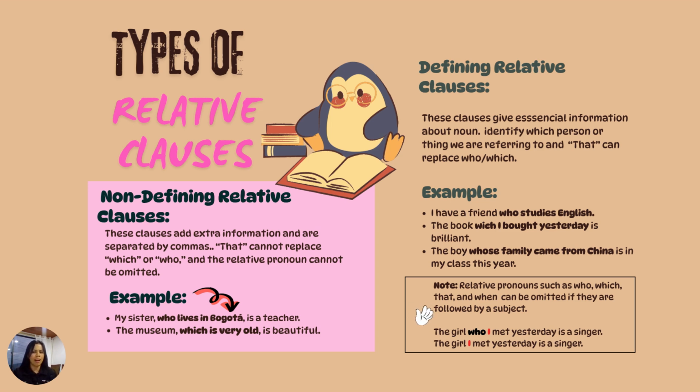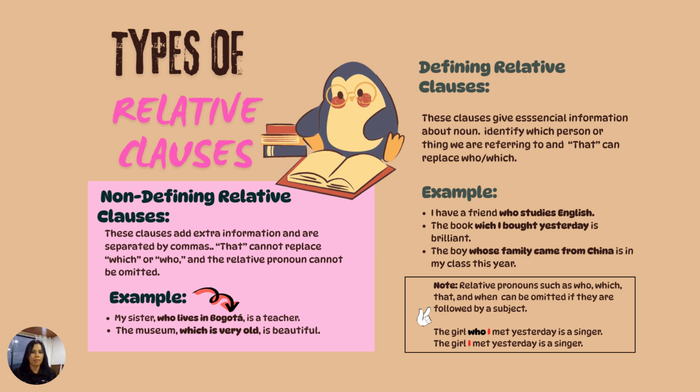Relative clauses are divided into two types. The first one is defining relative clauses. These clauses give essential information about the noun. They identify which person or thing we are referring to, and that can replace who or which. Let's look at some examples.